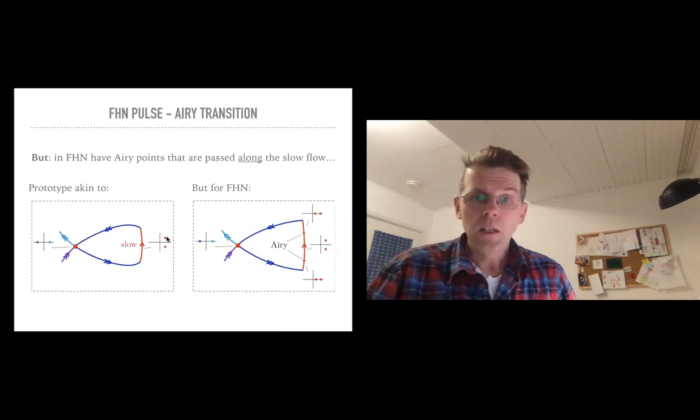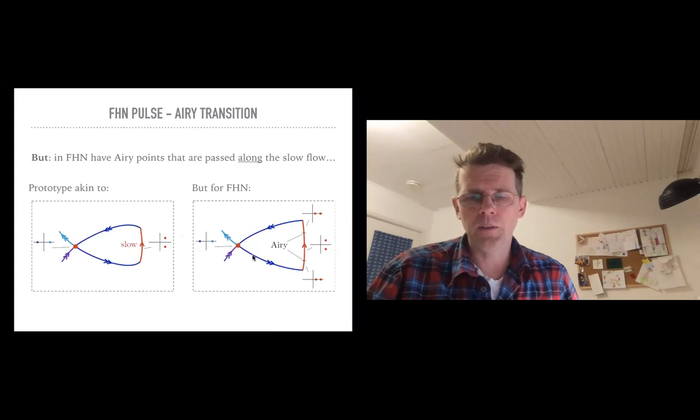However, in FitzHugh-Nagumo, it's a little bit different, because when this fast fiber jumps to the slow manifold here, I'm actually not at a point on the slow manifold where the absolute spectrum condition is fulfilled, but rather it is hyperbolic. So I have real eigenvalues. Only when I drift along the slow manifold sufficiently far, there's going to be a transition where these two eigenvalues join and move into the complex plane.